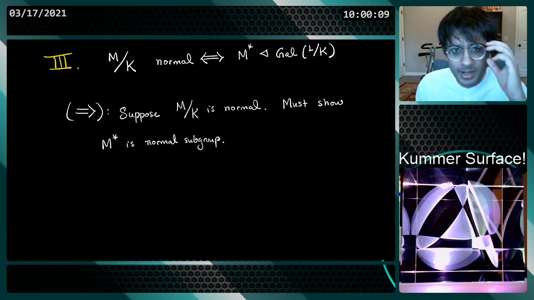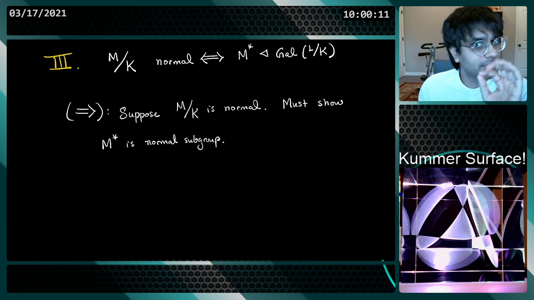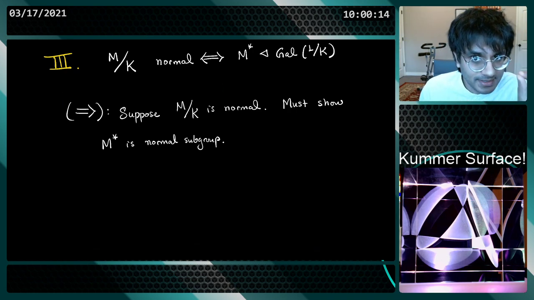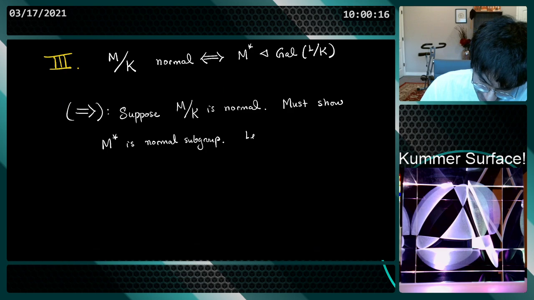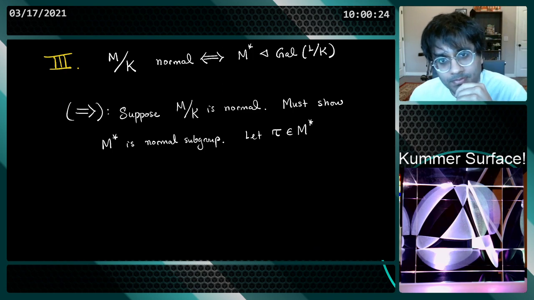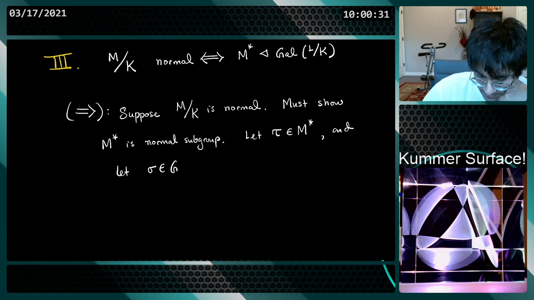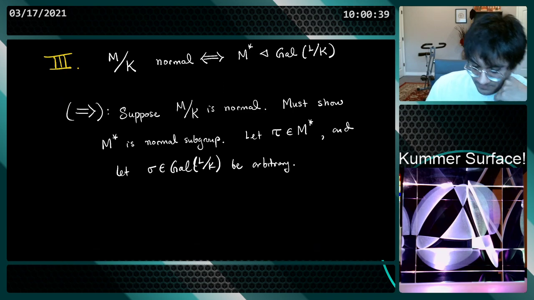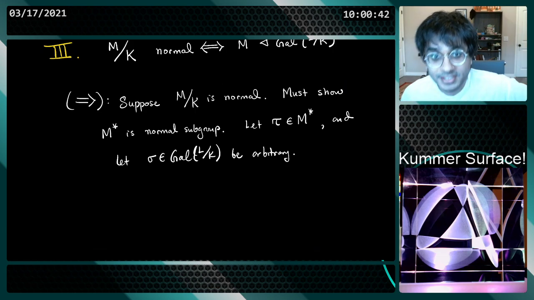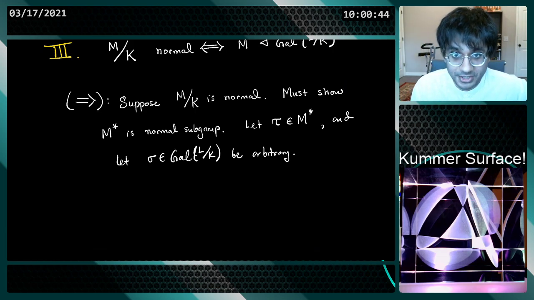All right, so pick tau in this group. And let sigma be arbitrary. And now consider the conjugation.